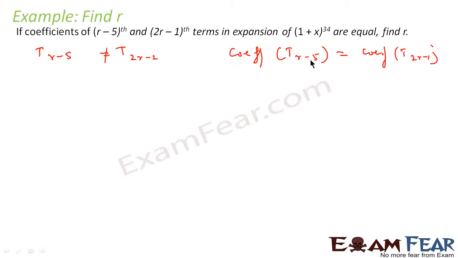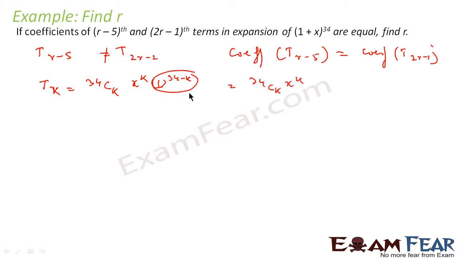So first let's find T(r-5) and T(2r-1) for (1+x)^34. So for (1+x)^34, T(k+1) is equal to 34Ck x to the power k, 1 to the power 34 minus k. So this we can ignore, it is equal to 34Ck x to the power k.